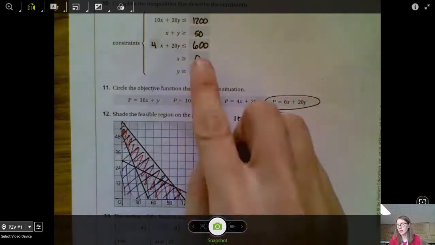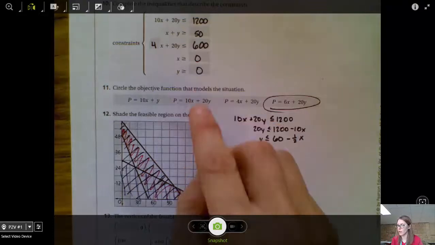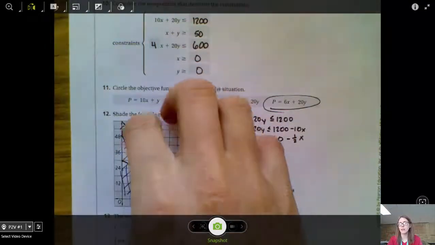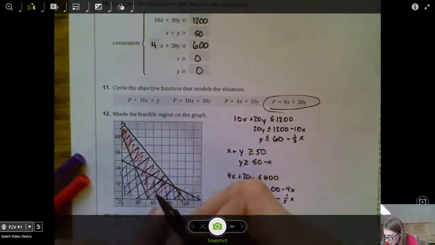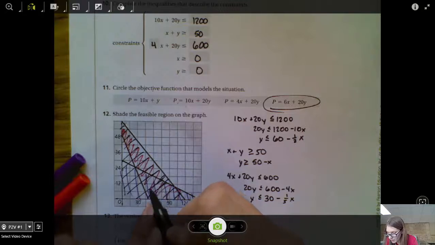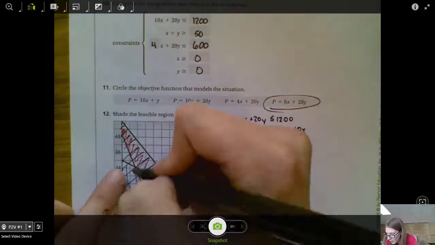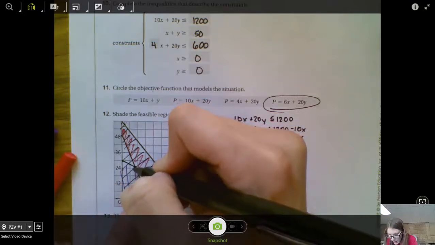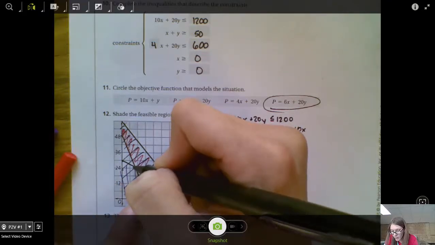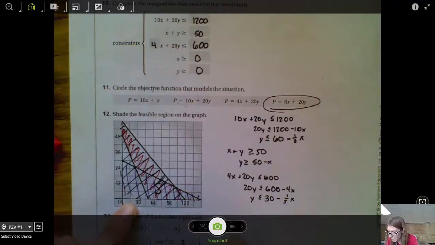And then x is greater than or equal to 0, y is greater than or equal to 0, just means we're in this first quadrant. So looking at my graph here, my solution is really this triple shaded region. I have a vertex right here, and this vertex I'm going to give you is 25, 25.